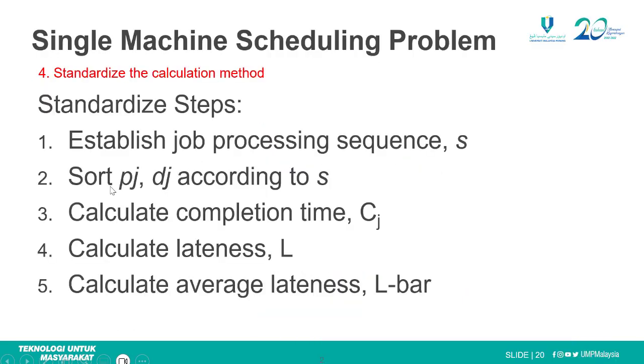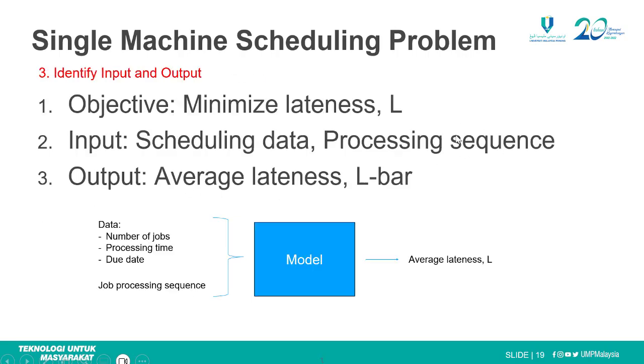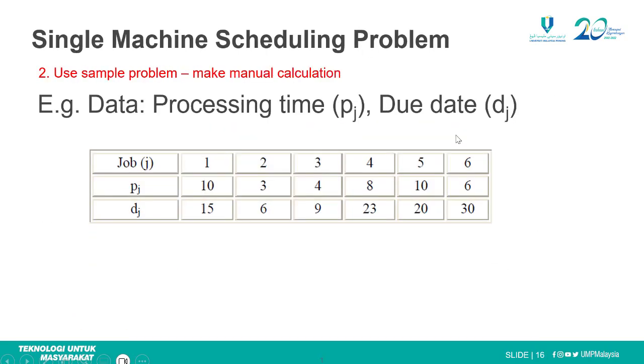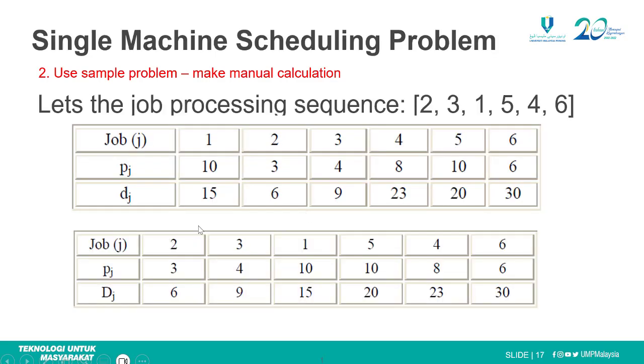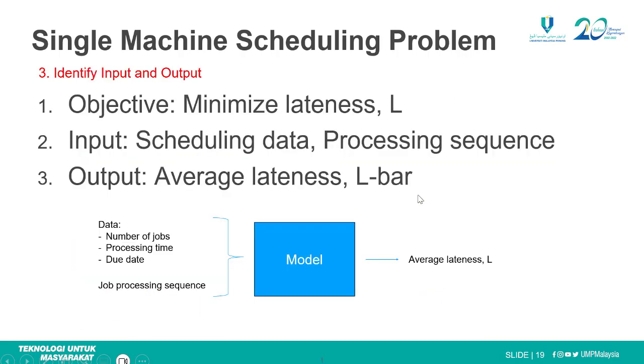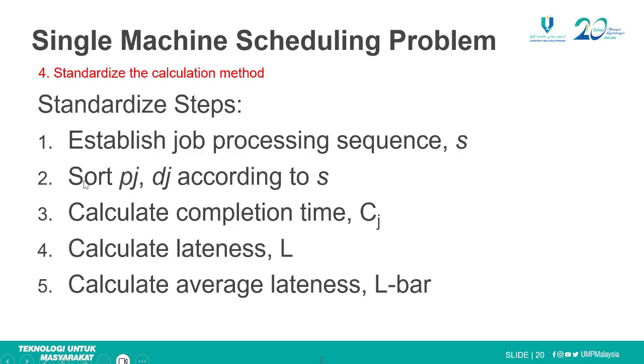Then we sort the processing time and due date according to the sequence, which has been conducted in this step. So we have the data, we have the processing sequence, and we sort the data according to the processing sequence. That is what is meant by the second step.